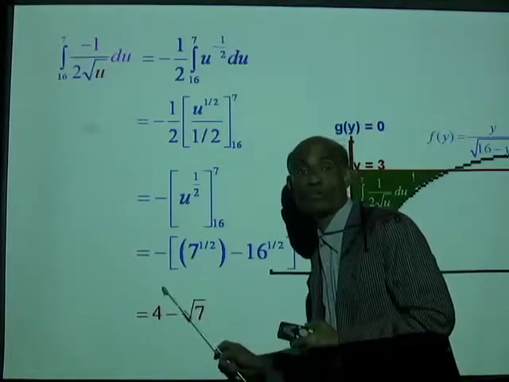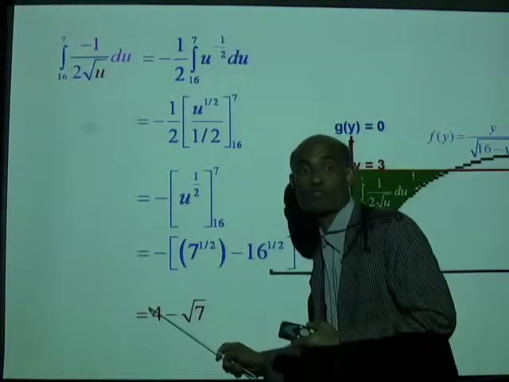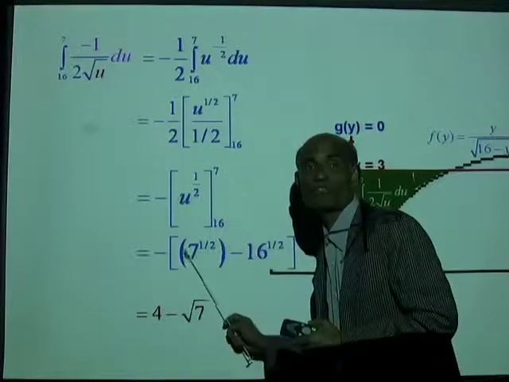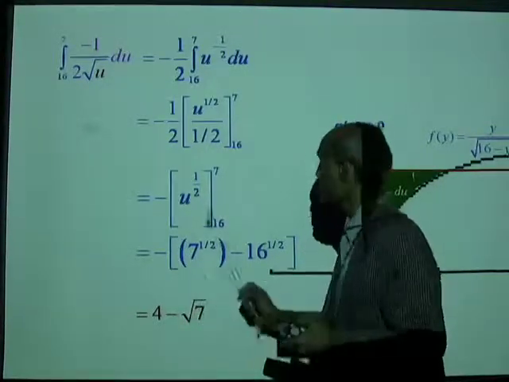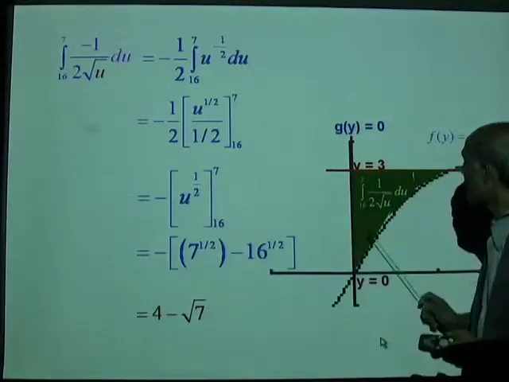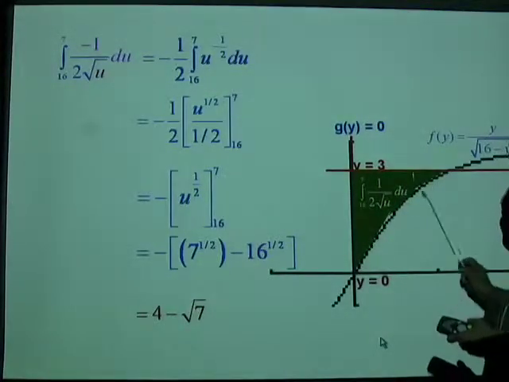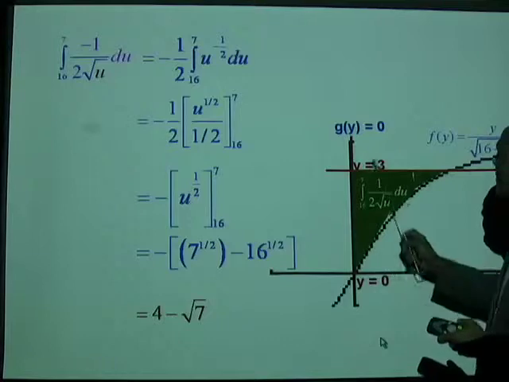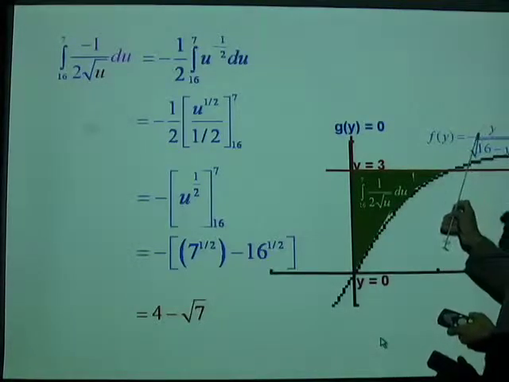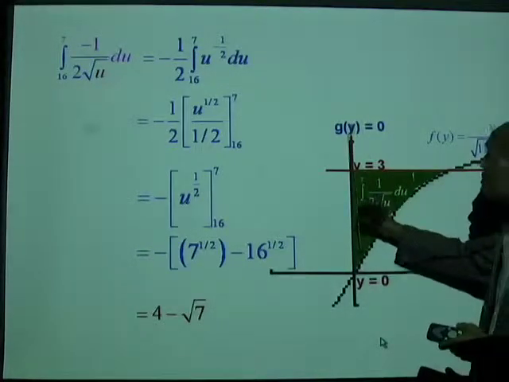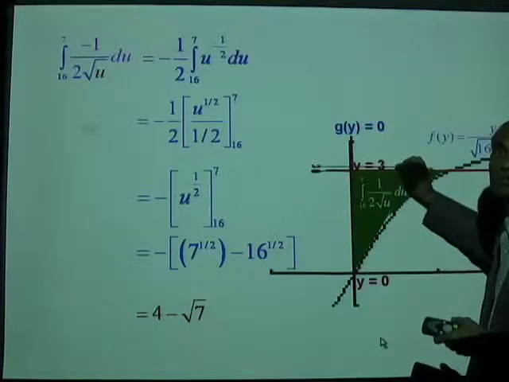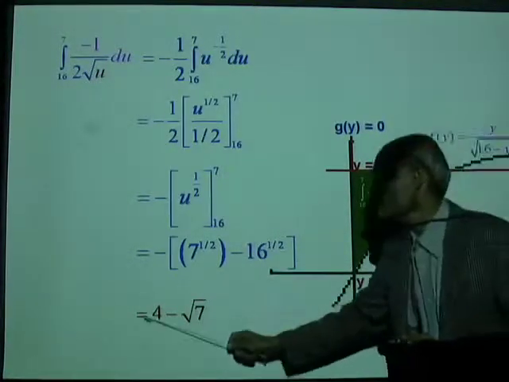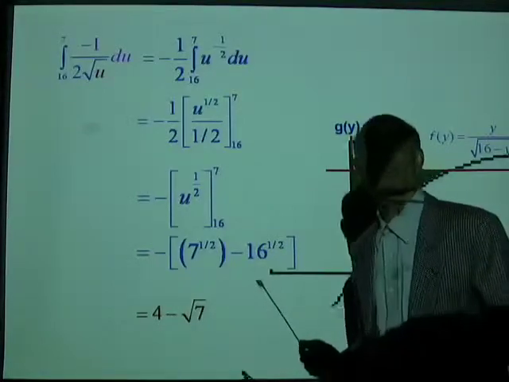So negative 4 times negative is positive 4, minus this, minus square root of 7. So the area enclosed by the graph of f of y equal to this quantity with g of y equal to 0, from y equal to 0 to y equal to 3 is 4 minus square root of 7.